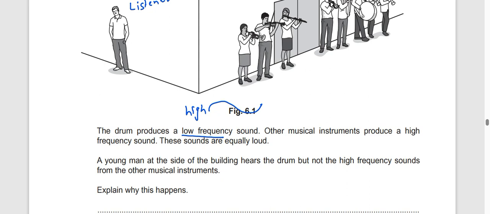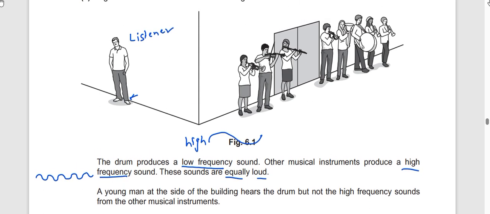And other musical instruments are producing high frequency. It means it has lower wavelength, like this. Okay? These sounds are equally loud, right? A young man at the side of the building hears the drum but not the high frequency, because of the distance between this person and the corner wall beside which he is standing.